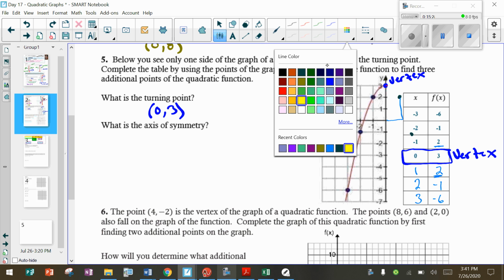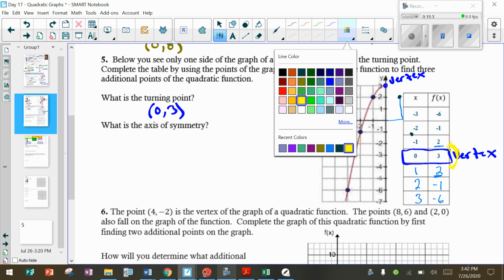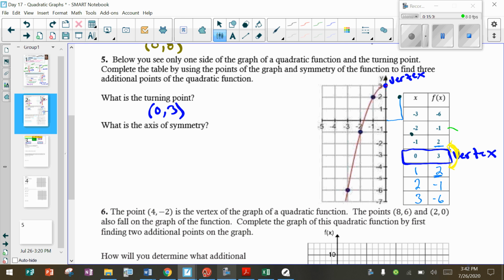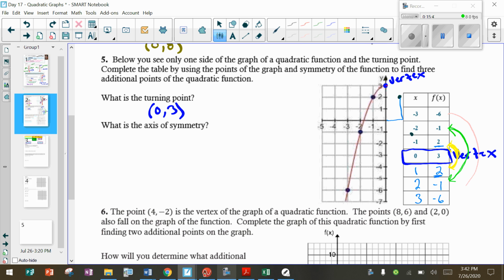So what we're seeing here is that the points around the vertex would have the same y values. They would be symmetric in the table just like they would be in the graph. And that's going to happen up and down the table for as much as we need. -6 there, -6 there, because the vertex is in the middle.